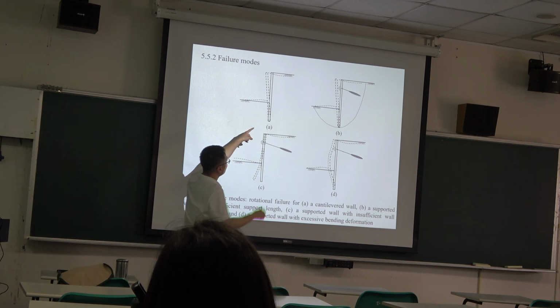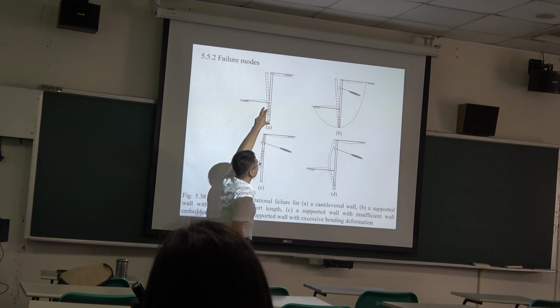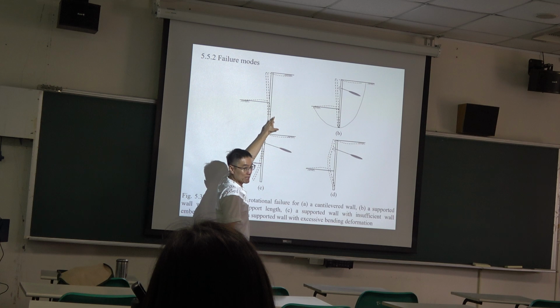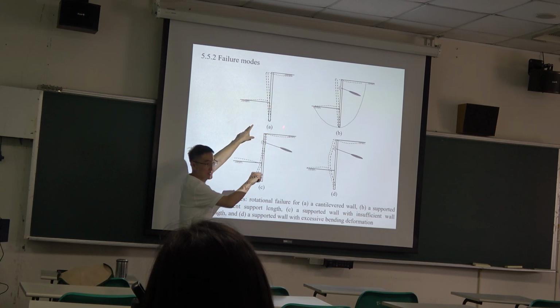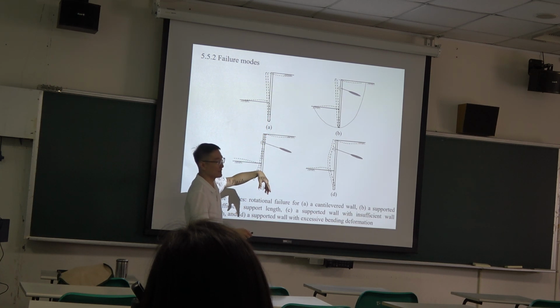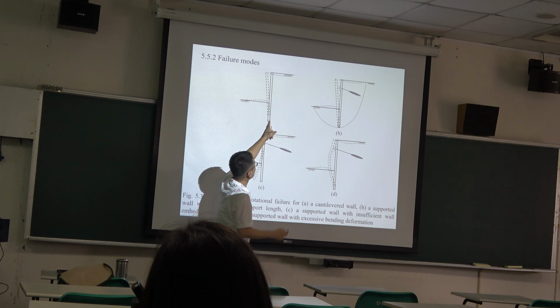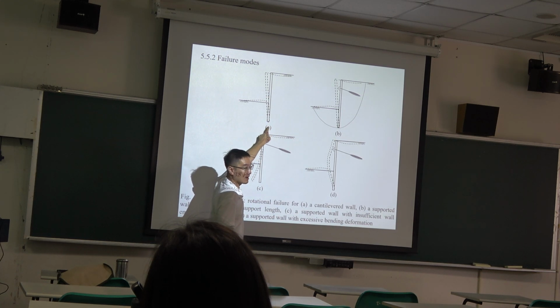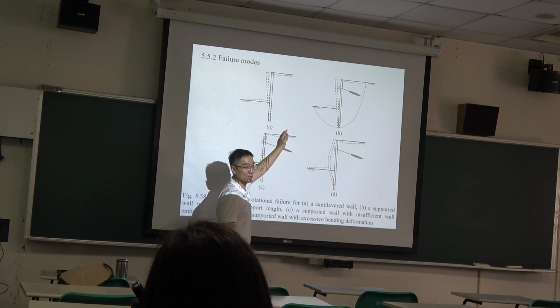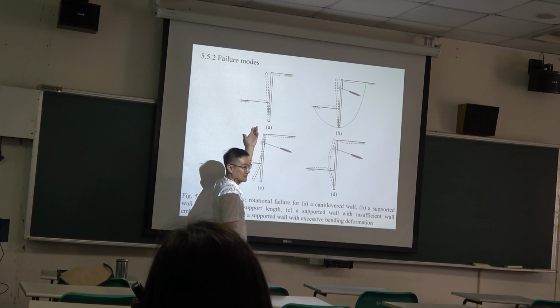When this wall, particularly this part, penetrates into the soil long enough, you can see if we extend this part long enough, this side will become passive, and this side becomes active.